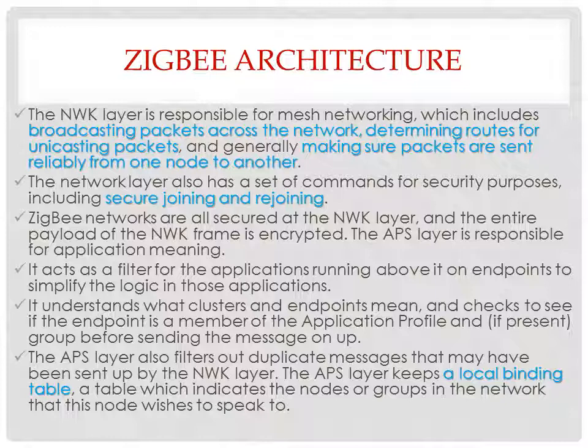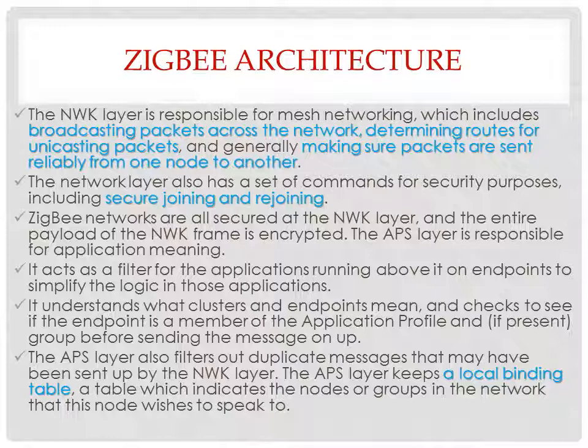The APS layer is responsible for application meaning. It acts as a filter for the applications running above it and on endpoints to simplify the logic in those applications. It understands what clusters and endpoints mean and checks to see if the endpoint is a member of the application profile and, if present, group before sending the message on up.